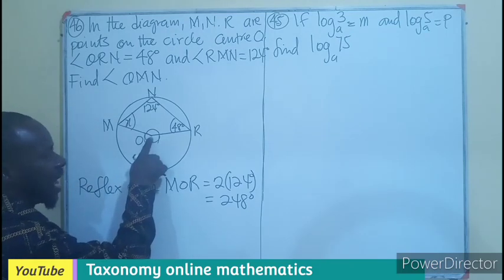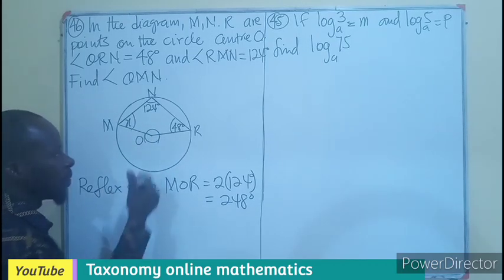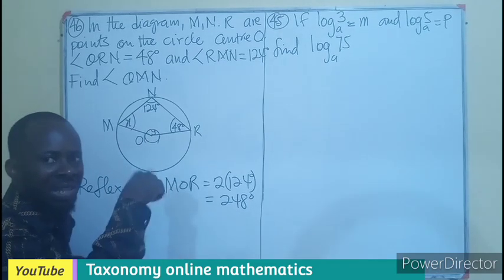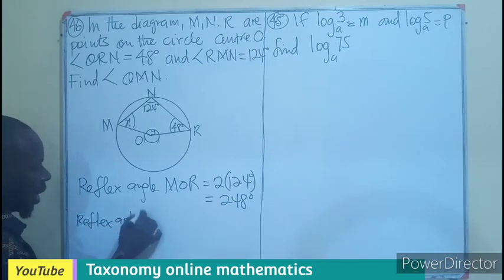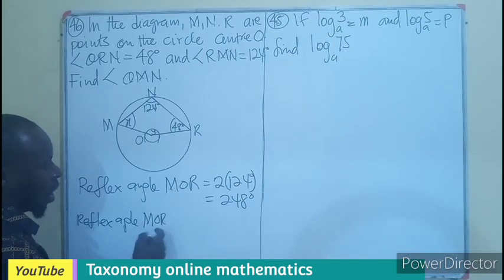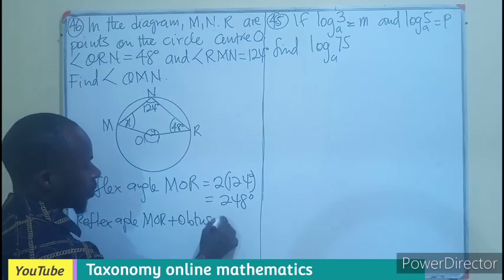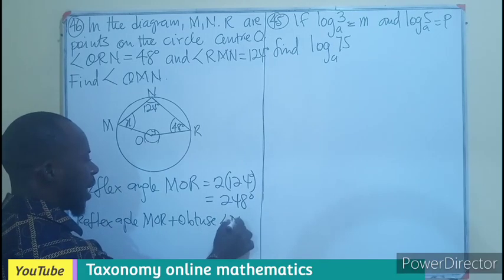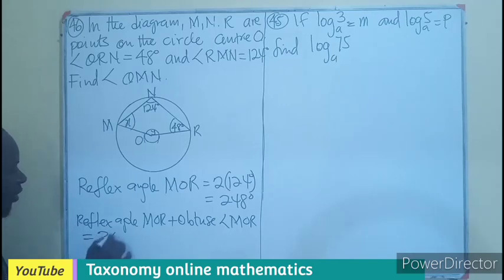We know that the reflex angle and the obtuse angle are angles meeting at a point. Calling this angle y, the reflex angle MOR plus the obtuse angle MOR should add up to 360.